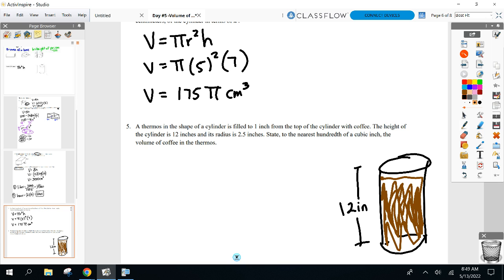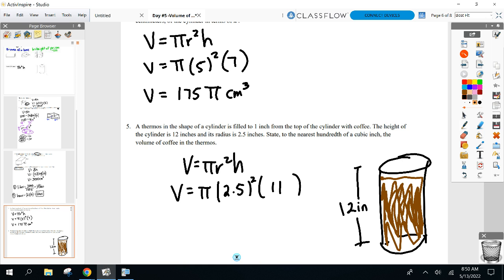Okay, the coffee still takes the shape of a cylinder. We all agree? So I'm still going to use pi r squared times the height. Radius is still 2.5 squared. The only thing I need to watch out for, I don't want to use 12. I want to use 11. 1 inch from the top, 12 minus 1, 11 inches for the height of the coffee.